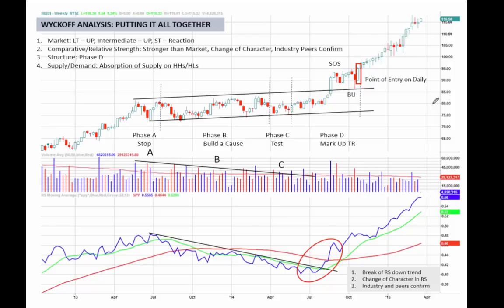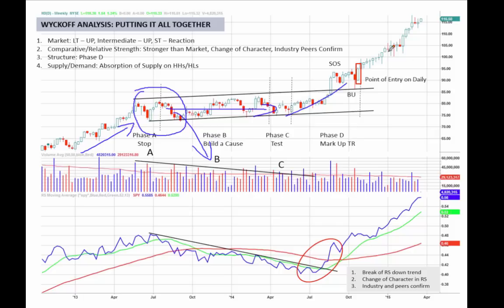Yeah, definitely. I actually spend a lot of time with students exercising that single principle. Change of character is extremely important because once you see that there is some kind of change of character, you know that there is a change of environment. So from a trending environment, you can go into a non-trending environment, or you can go to a counter-trending environment.